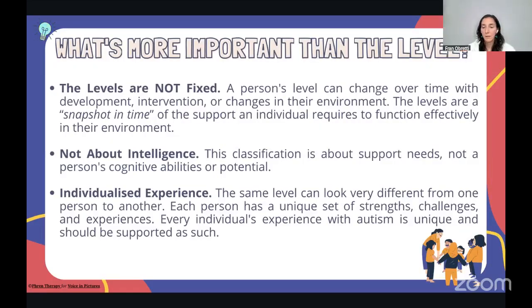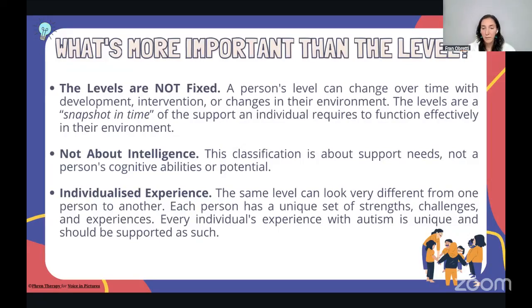So this level should be seen just as a snapshot in time of the support that a person requires to function in their environment. It's never about intelligence, it's never about cognitive ability or potential. It's just about the amount of support that is needed to be able to function daily.